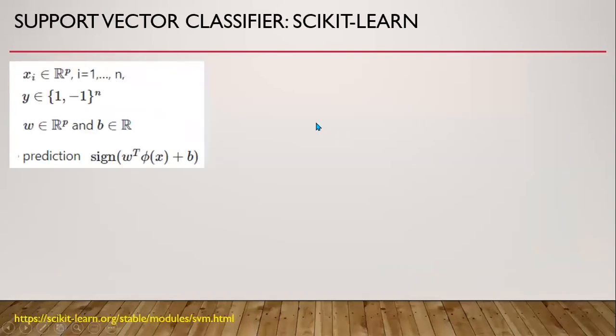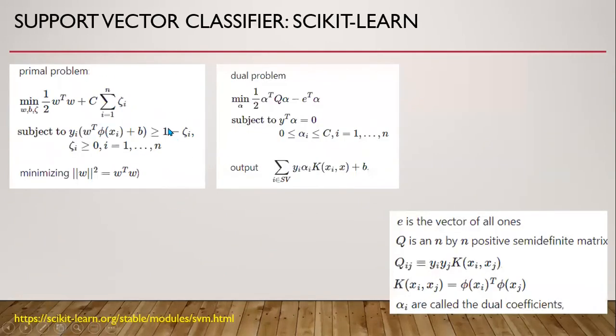So now let us see what are the equations and terms which are provided in the documentation of the scikit-learn library. So these are the documentations, and this term is very similar to our term.